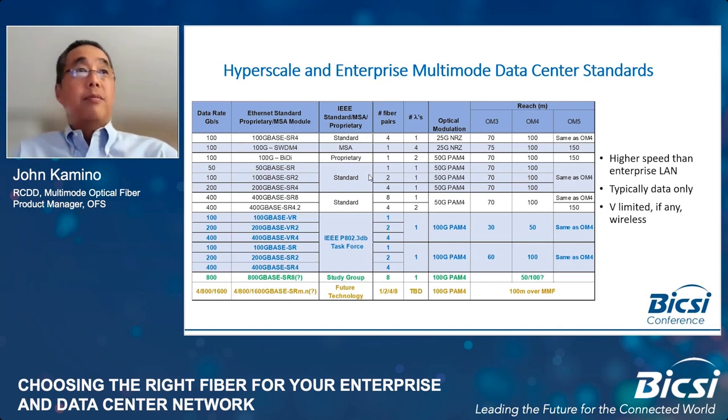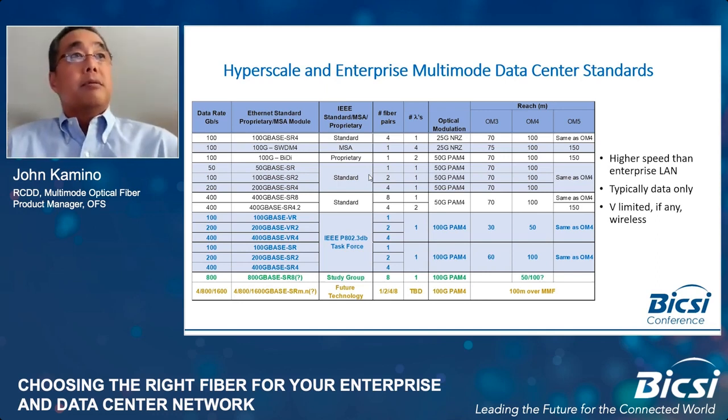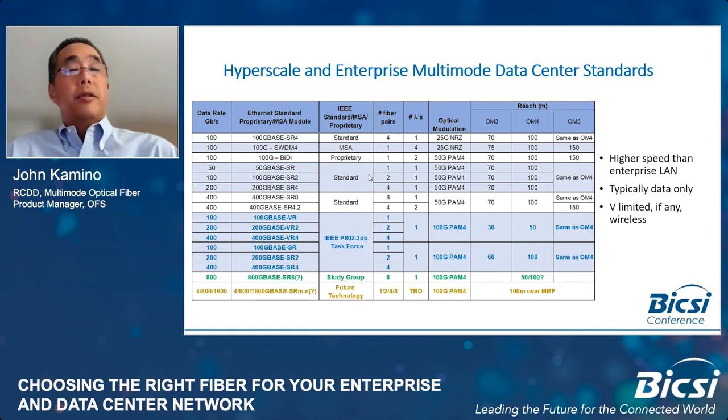With these 100 gigabit solutions, you see the 100G base SR4, which will go 100 meters on OM4. And then you start to see, again, multi-source agreement and proprietary solutions, the 100G SWDM4, the 100G BiDi solutions that will go 100 meters on OM4 and 150 meters on OM5.